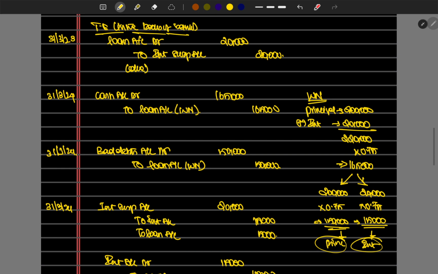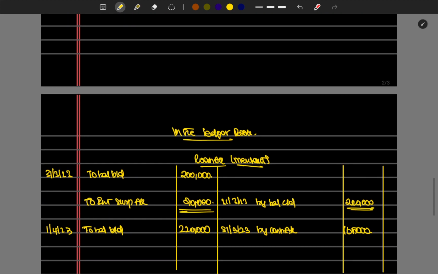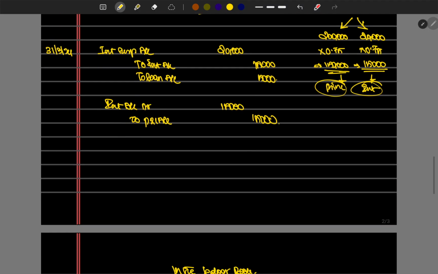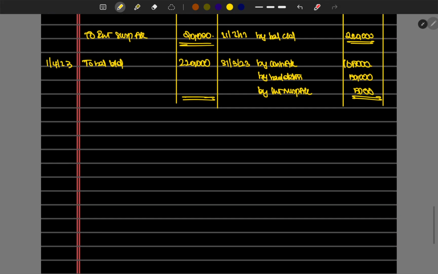And then we have recognized the bad debts of rupees 50,000 by bad debts, and then 5,000 as interest suspense account. We have reversed the entry of 5,000, and then it's tallied. Okay, that's it. Let's go to the interest suspense account.